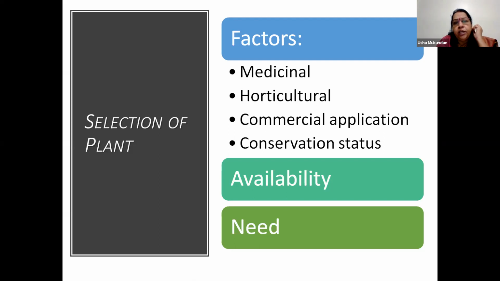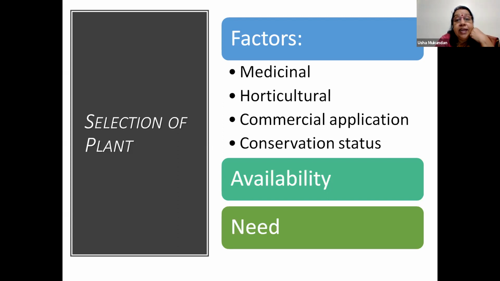A commercial application, both in terms of floricultural crop and in terms of your foliage. Then conservation, anything which is endangered. Ceropegia was endangered, so people micro-propagated it, and very important is to put them back into the forest.